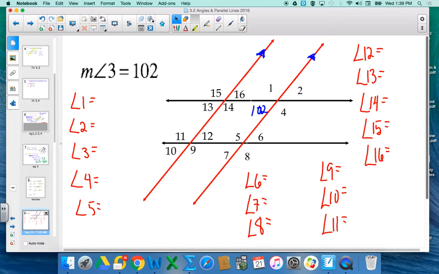So who wants 1, 2, and 3? Those are easy. Rose, go for it. Well, 3 is easy.